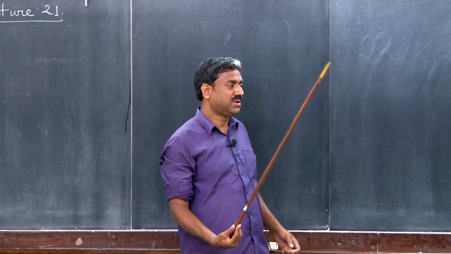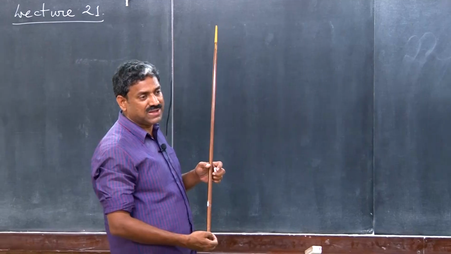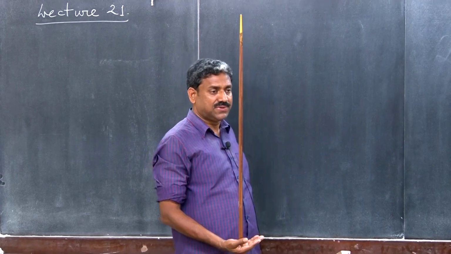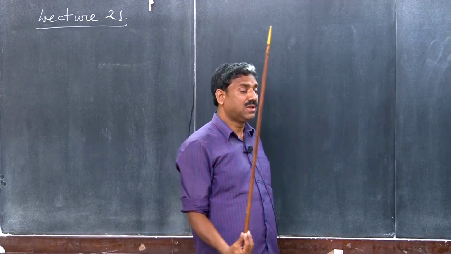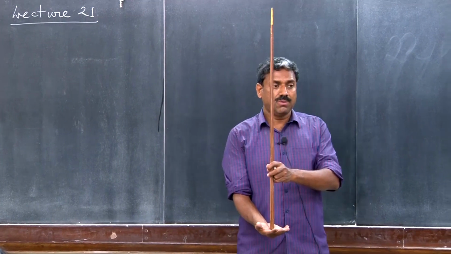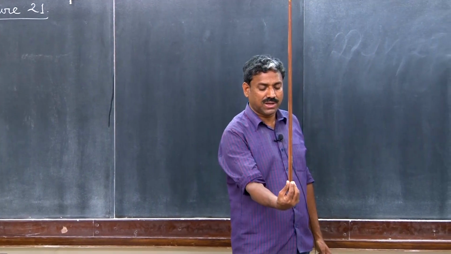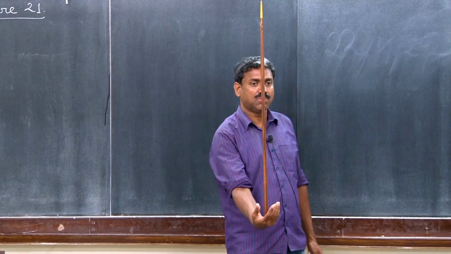What I was trying to demonstrate is that this is an example of noise stabilization. If I want to hold this stick in my palm, then when it is trying to fall, I have to take it down.